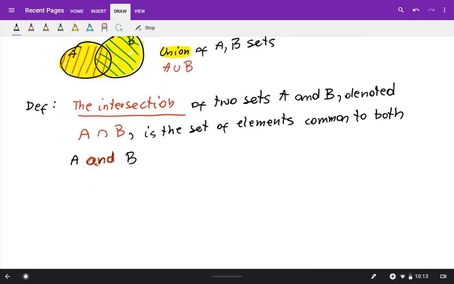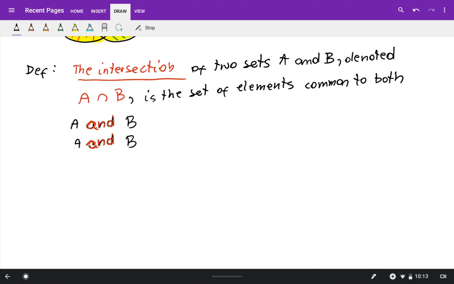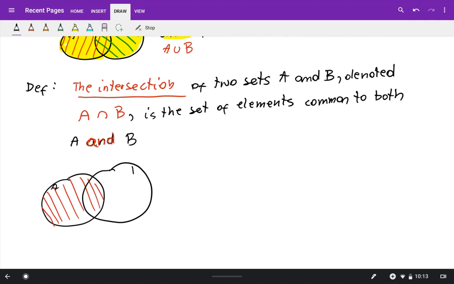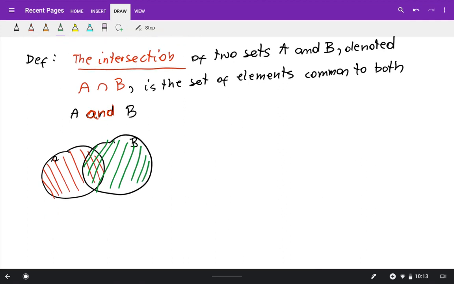So again, let's do the same thing. Let's show two sets. This is set A, and elements of set A are marked in red. And I have set B, with elements marked in green. The intersection will be right here.